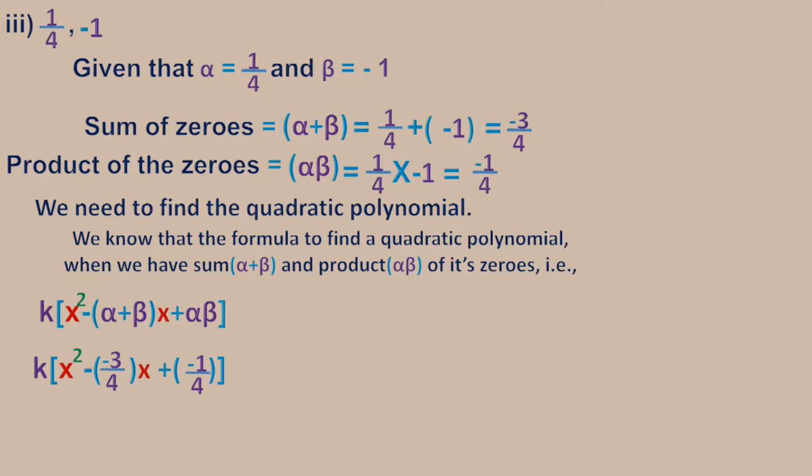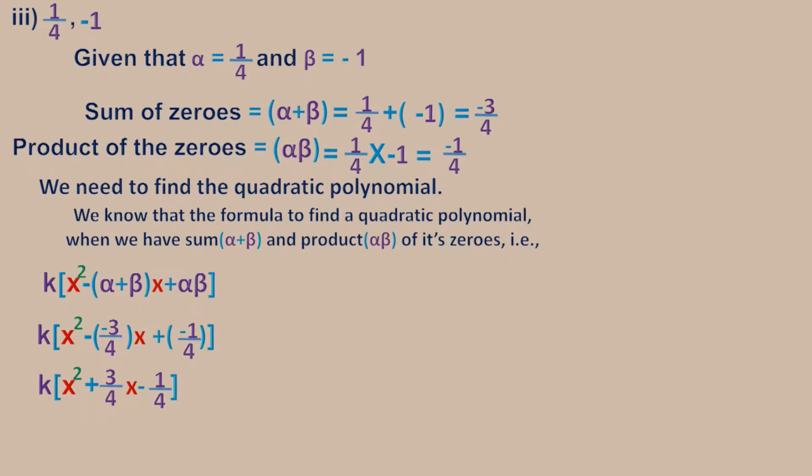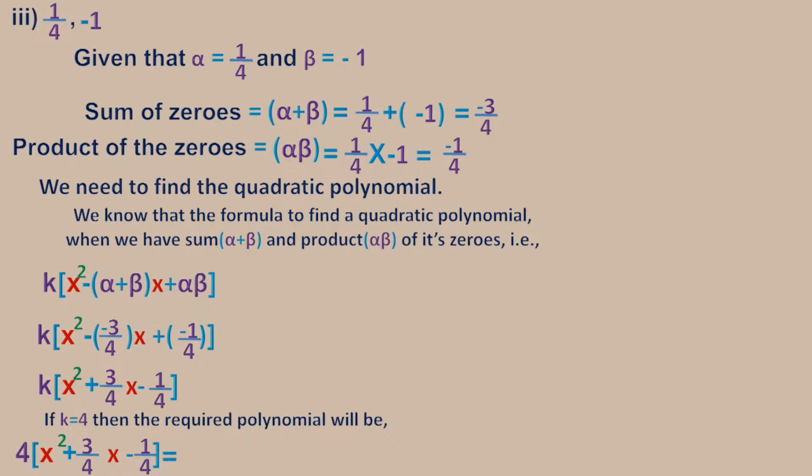And by simplifying this expression, we get k into x square plus 3 by 4 x minus 1 by 4. And here if we take the k value as 4, and by simplifying this, we get the required polynomial as 4x square plus 3x minus 1.